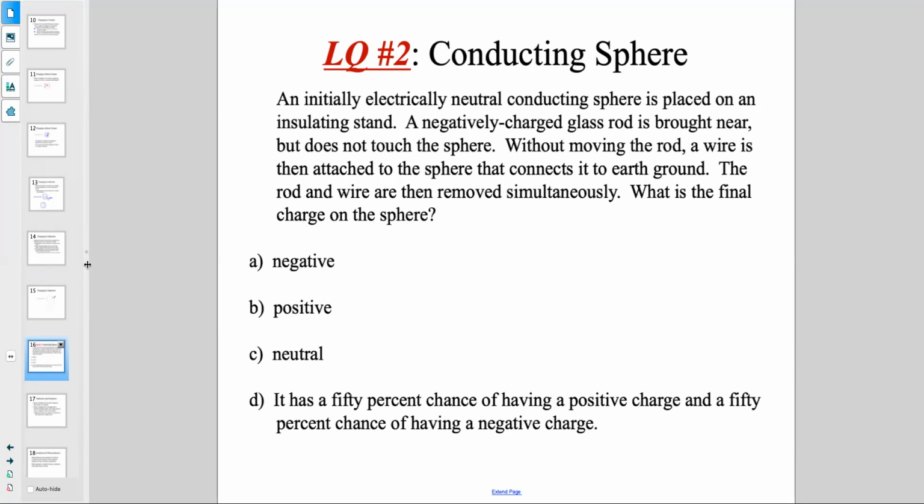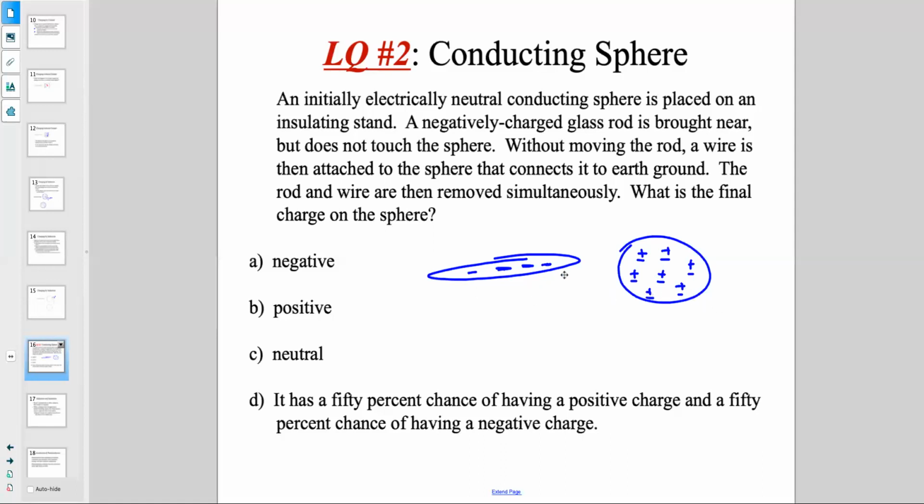Think about it. Is it negative, positive, neutral, 50% positive, 50% negative? What do you think? It's exactly the same question that we had before. You're bringing a negatively charged rod to a sphere that is neutral, where everything is evenly distributed.